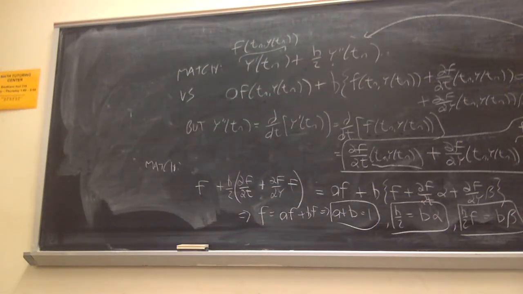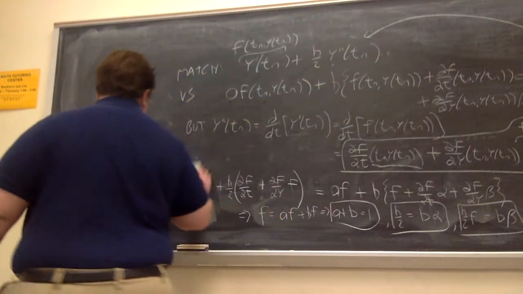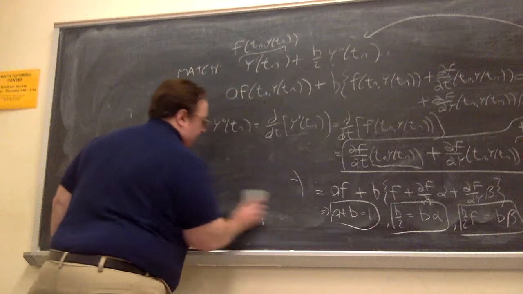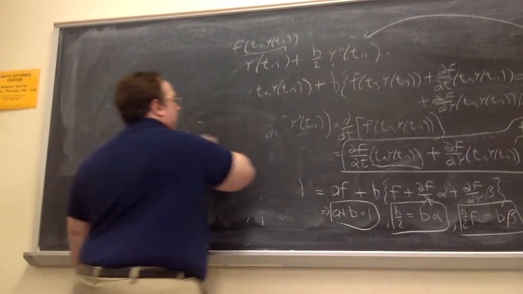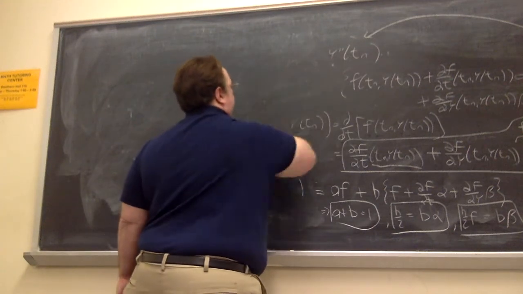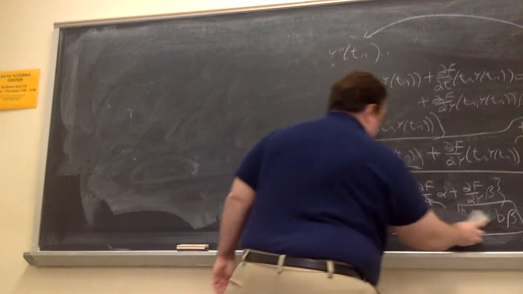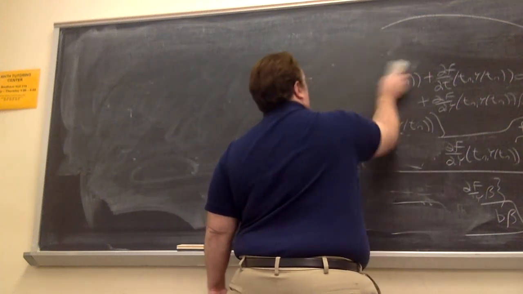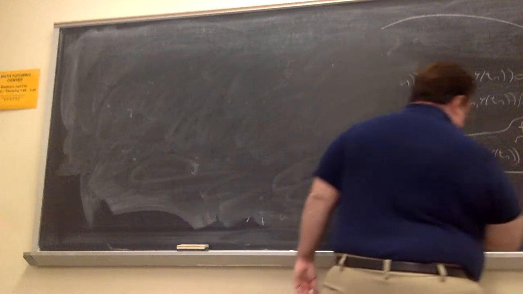So whatever evaluations of f you need, you just write those down up front. So you're basically getting your ducks in a row, and then you combine them in the right way to get y n plus 1, which is always the end goal.